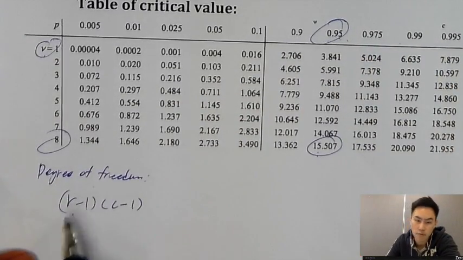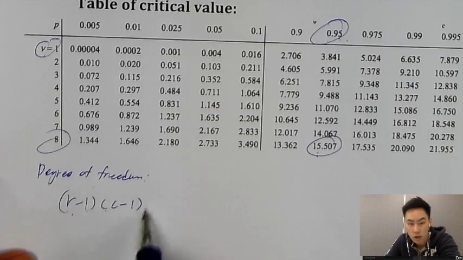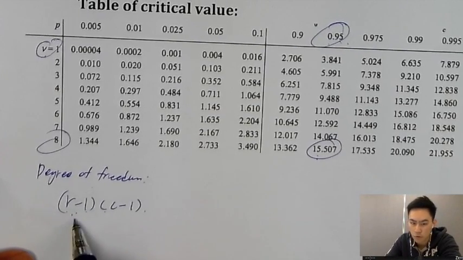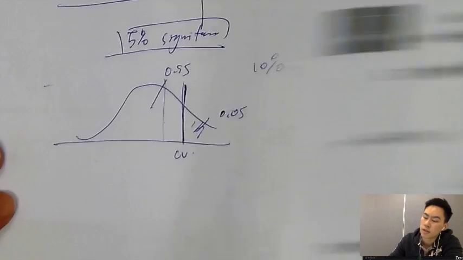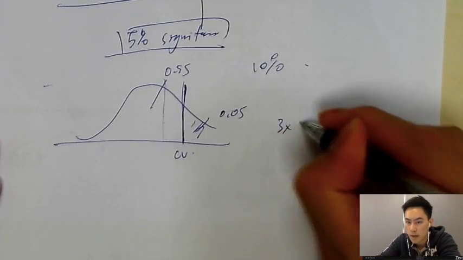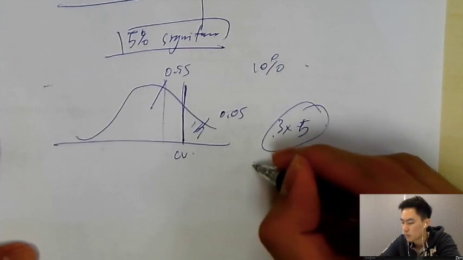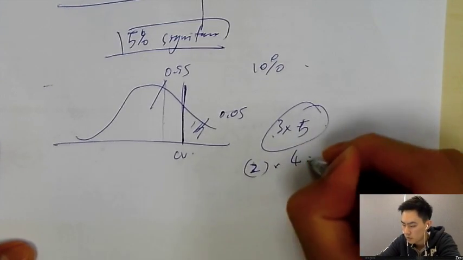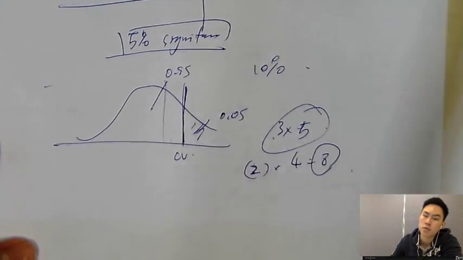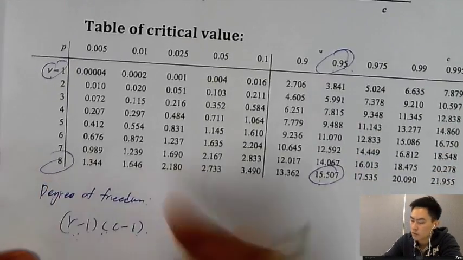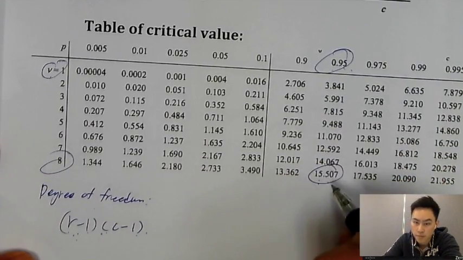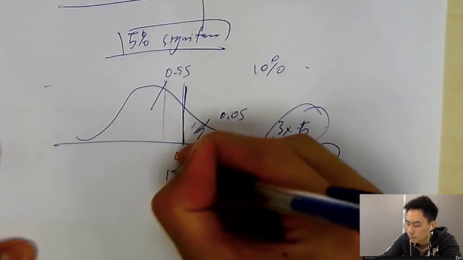It's very easy: (rows minus 1) times (columns minus 1). Because we have a 3 by 5 table, the number of rows is 3, so we have 2 times 4, so the degree of freedom is 8, yeah? So we have the value of 8 and also 0.95, then you have 15.5 as the critical value.